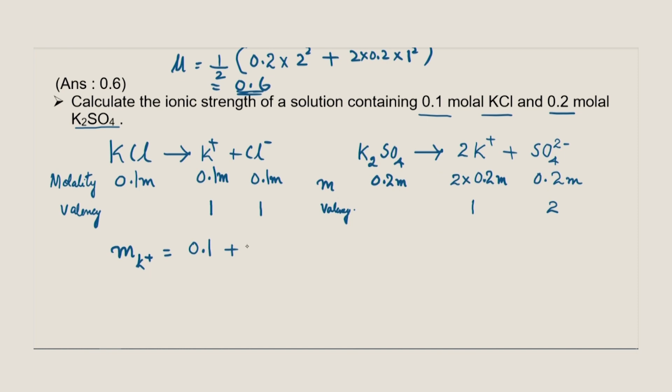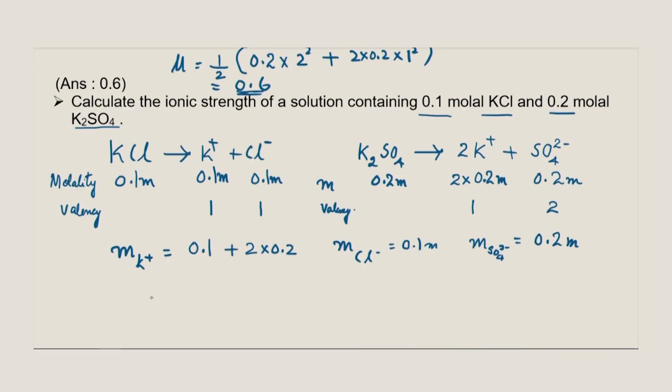Here we will have 2 into 0.2. The others are okay because all are single ions. So, molality of Cl minus will be 0.1 itself, and that of sulphate is the same as in that electrolyte, 0.2 molar.